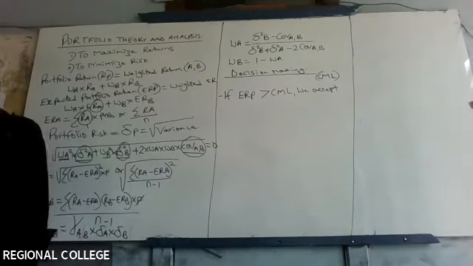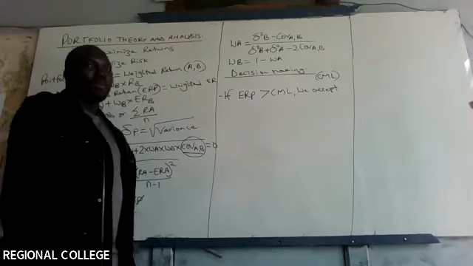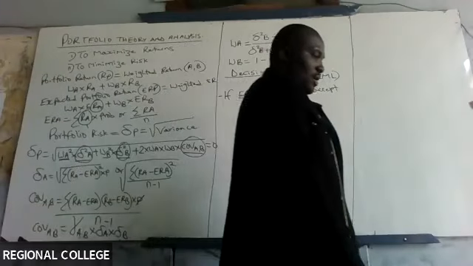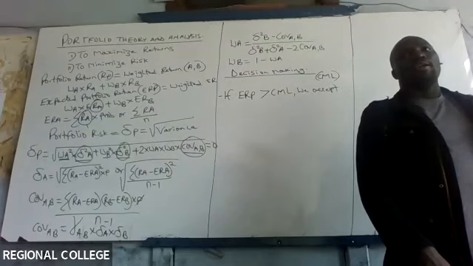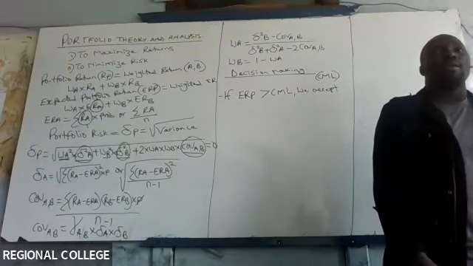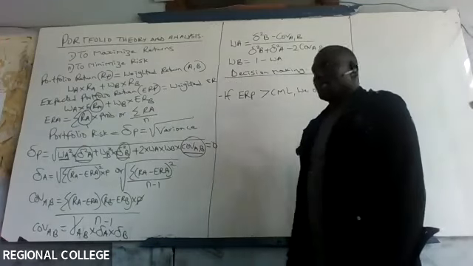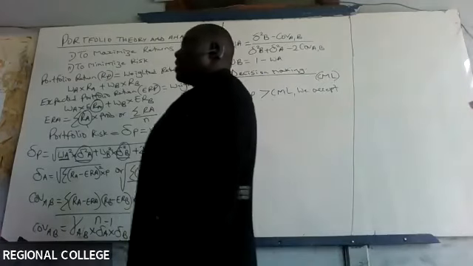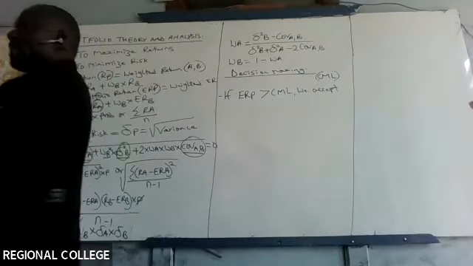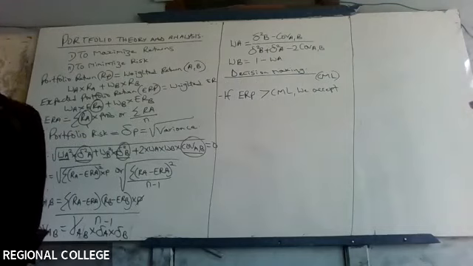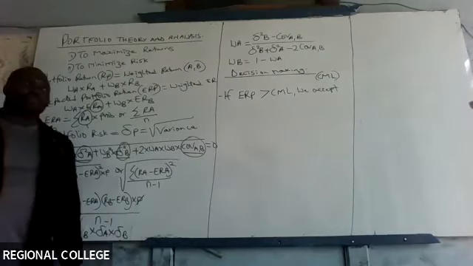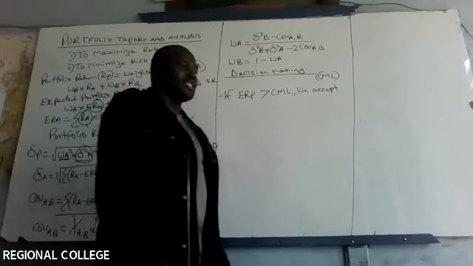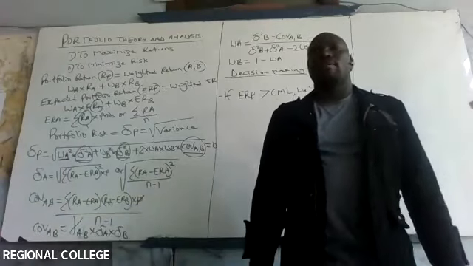Overvalued, inferior, inefficient. Then finally, if ERP equals CML, it is efficient, stroke correctly valued.